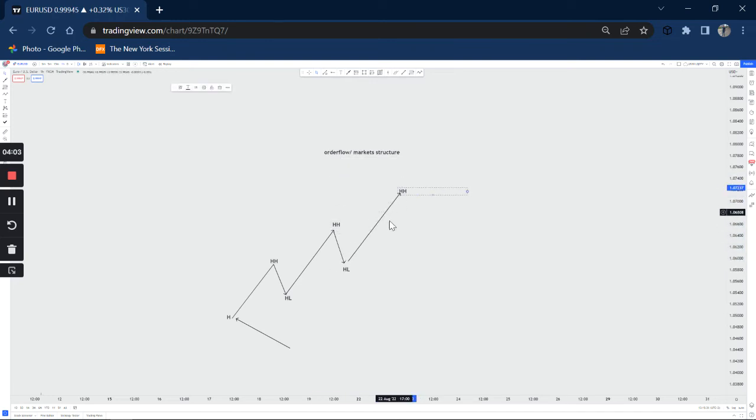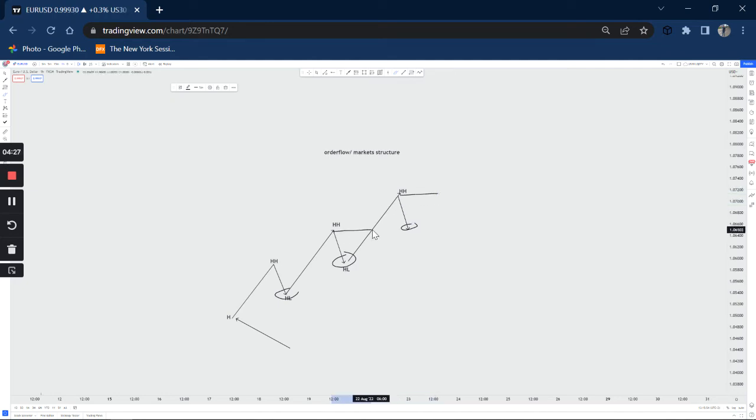When we are in an uptrend, guys, we experience these higher highs and higher lows, higher highs and higher lows. One thing I want to highlight to you guys here is that these higher lows are only valid once price breaks above the previous higher highs.